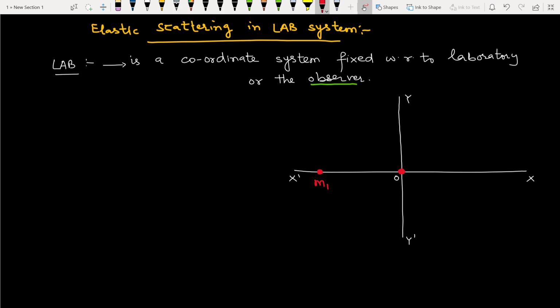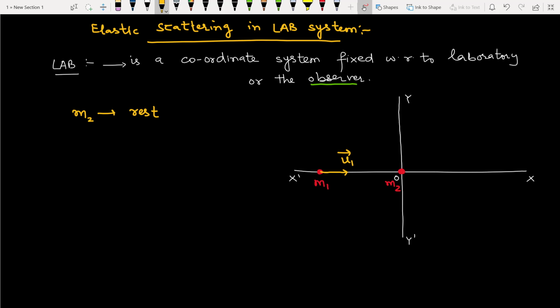The m1 mass is moving with velocity u1 along the positive x-axis, and the m2 mass is at rest.